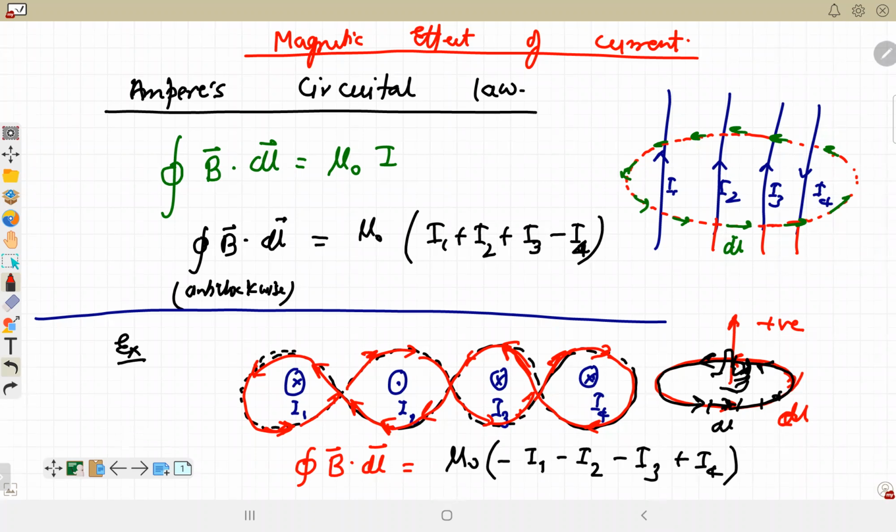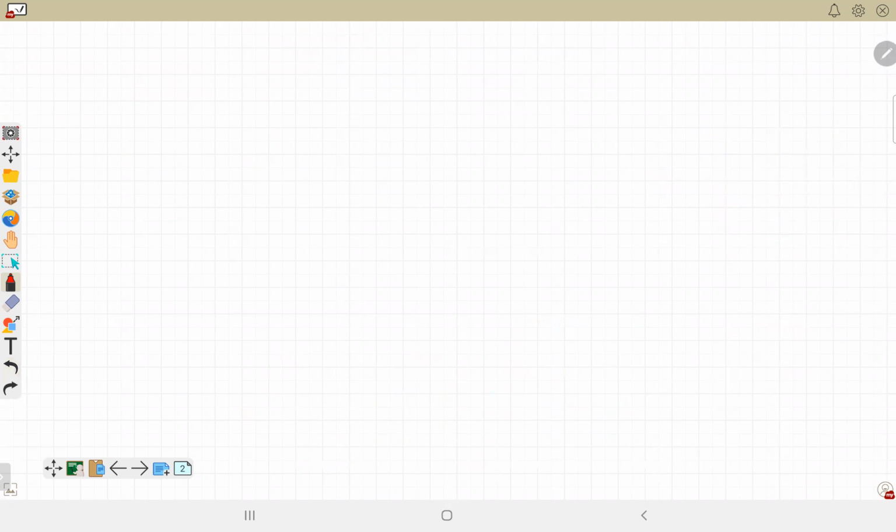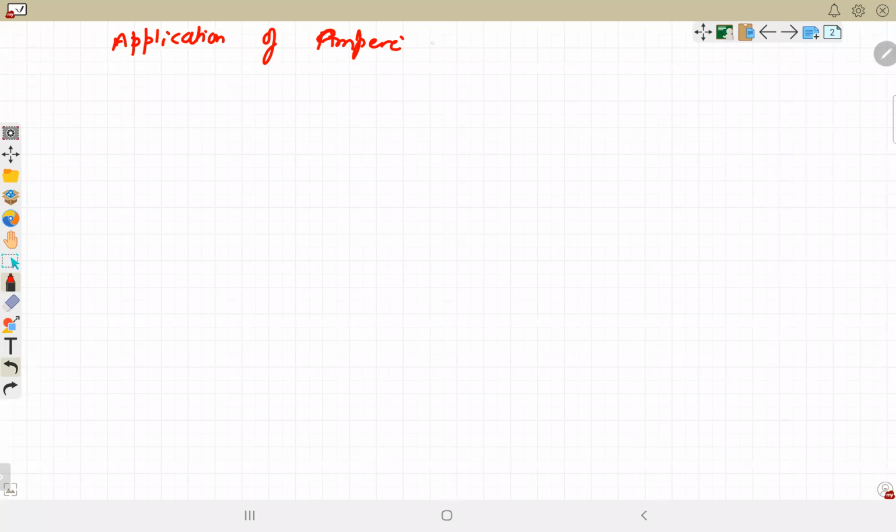Okay, B dot L is mu naught I1. Then the application of Ampere's law, and that application is what? By using any symmetrical loop, we can determine the formula for the magnetic field due to a symmetrical current distribution.